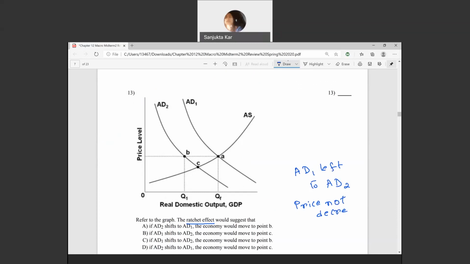What decreases is the real output, or the real gross domestic product. So with the ratchet effect, my prices will not go down. So my answer here will be aggregate demand shifts from AD1 to AD2, the economy moves from point A to point B, and the price level can stay the same. Prices are sticky downwards. So this is going to be this answer.